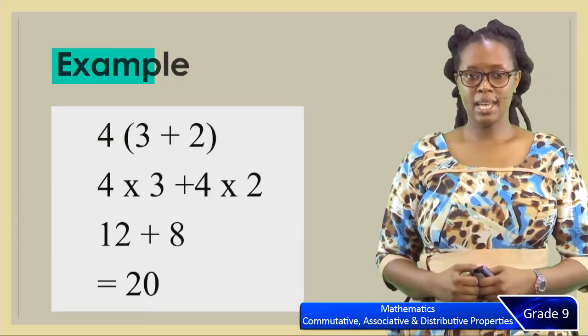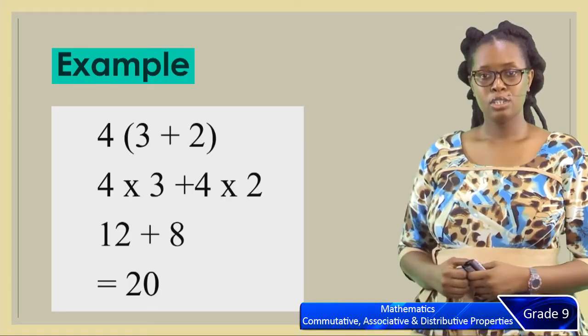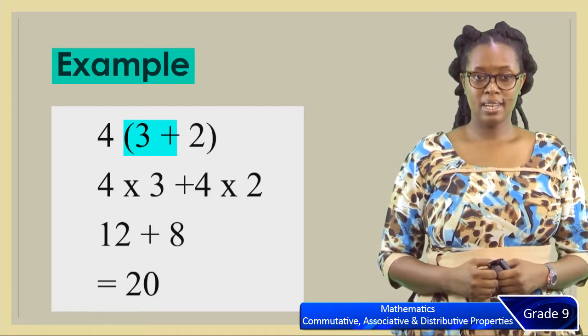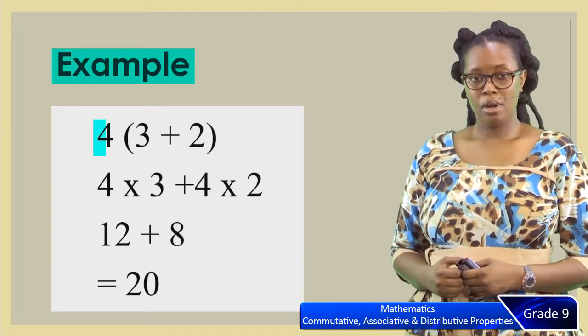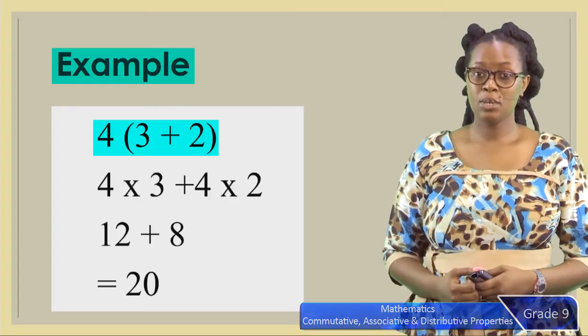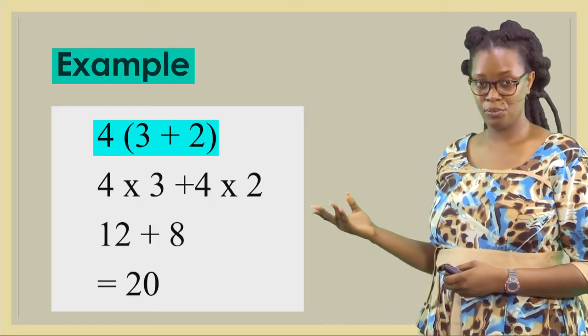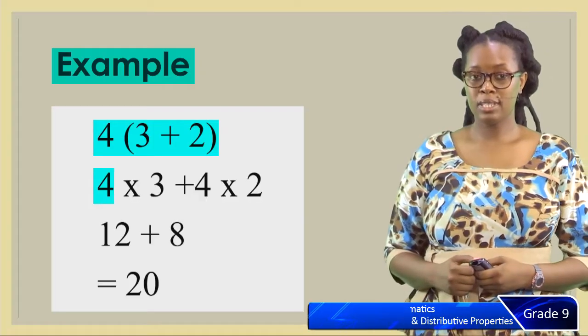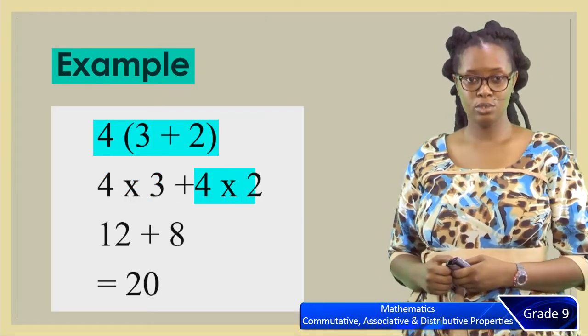Here we have another example. But instead of subtraction, we now have addition. The two numbers in the bracket are being added. So we have 4 multiplied by 3 plus 2. The first thing we have to do is distribute the 4. So the 4 would multiply the 3, and the 4 would also multiply the 2.